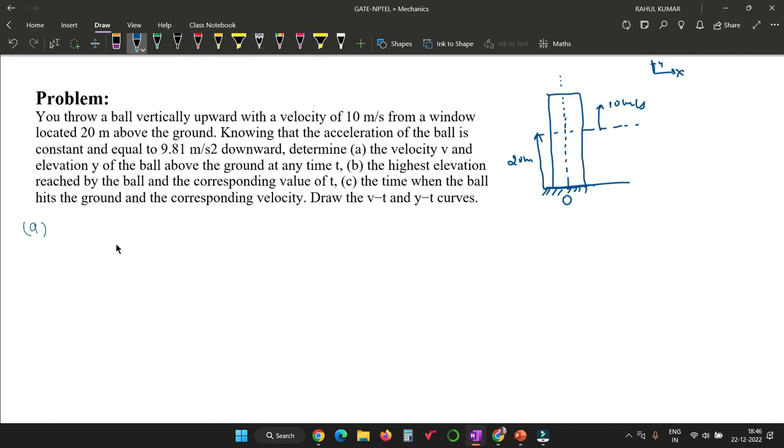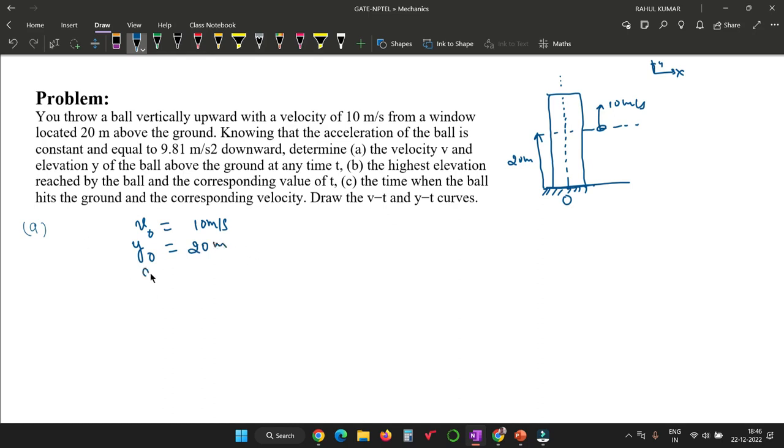And from the data, it has been given that a ball is being thrown with an initial velocity of 10 meter per second. So what is the v naught? 10 meter per second. And initially the position of the ball, in this case it is y naught, not x naught. So initially the position is y naught, and y naught is positive because it is 20 meter above the ground, in the positive y direction, so 20 meter.